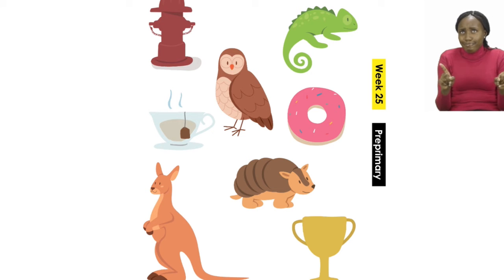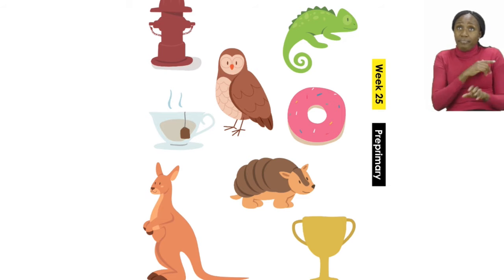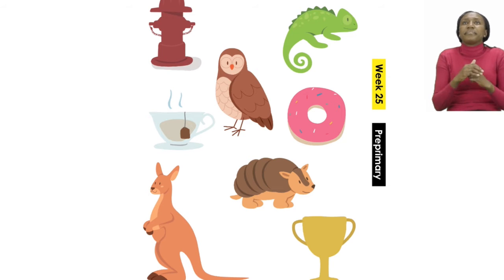Now you have to go ahead and look at your pictures to see which of these pictures are living things and which ones are non-living things. Remember once again, all the living things you have to circle with green, and all the non-living things you have to circle with purple. Right.